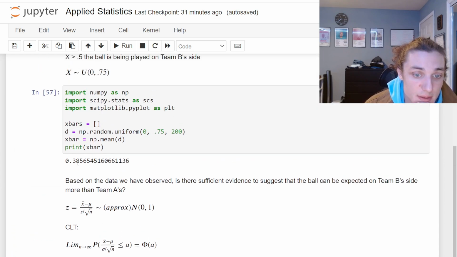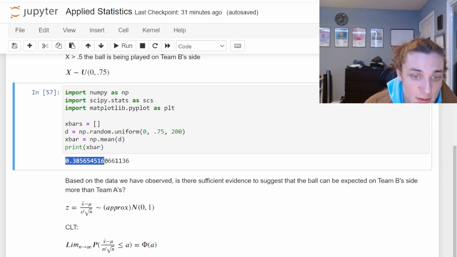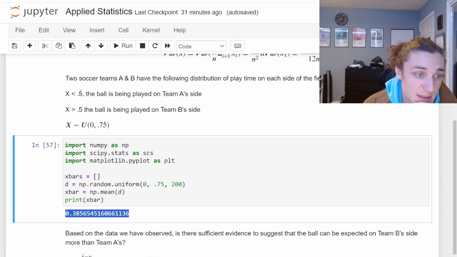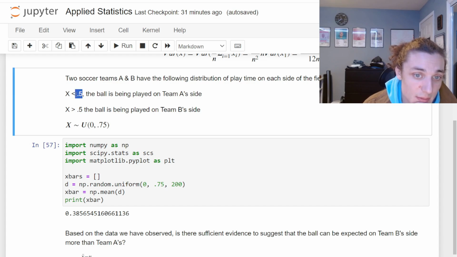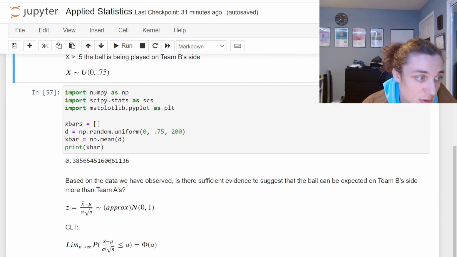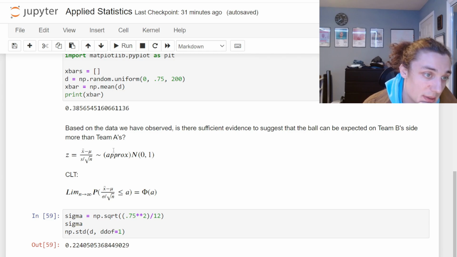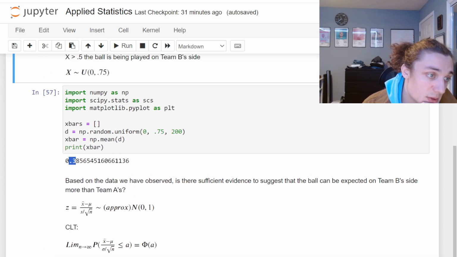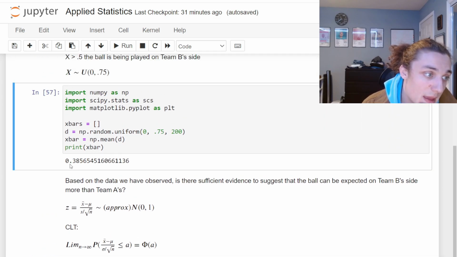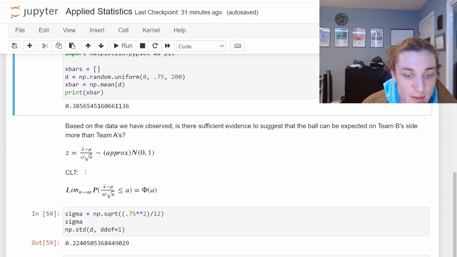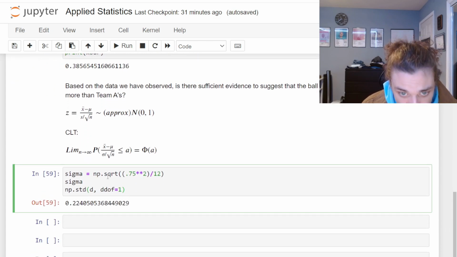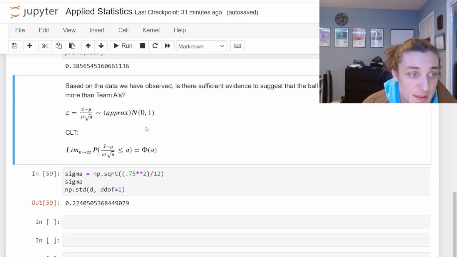In this case, if you take a look at the x bar right here, if we have 0.5 as the deciding factor, then really we can get away with this sort of cheat probability approximation. If this was closer, like 0.4, then maybe this approximation would be less appropriate. Okay, so let's go ahead and construct this z here, and we're going to do a hypothesis test.